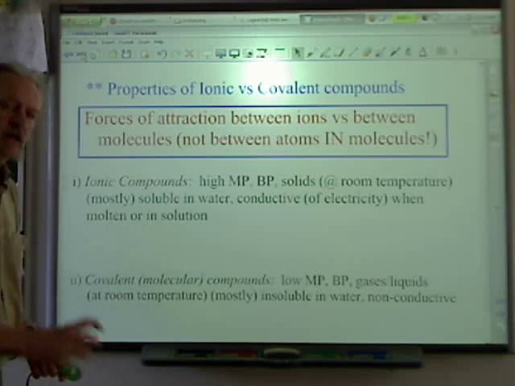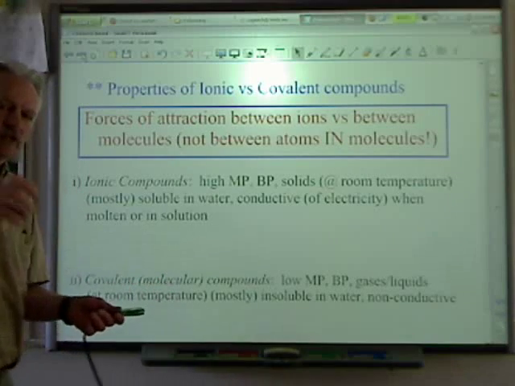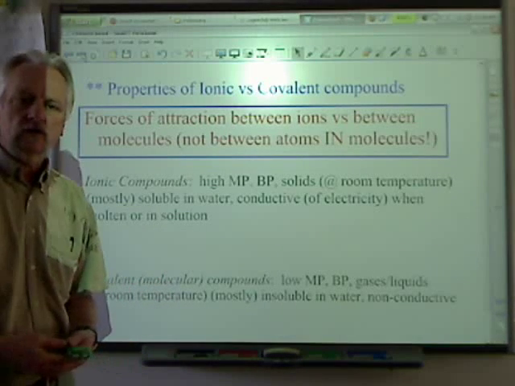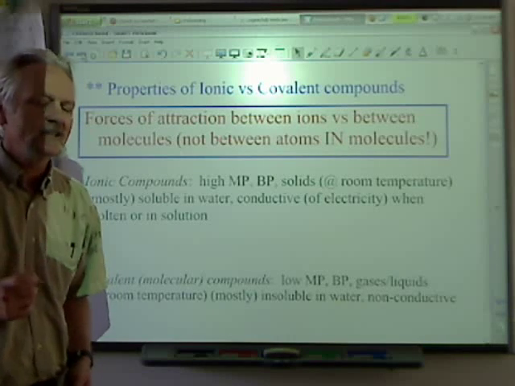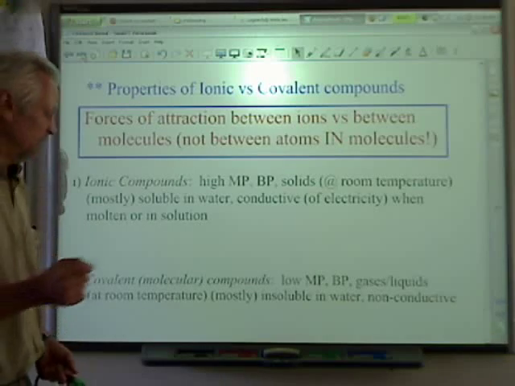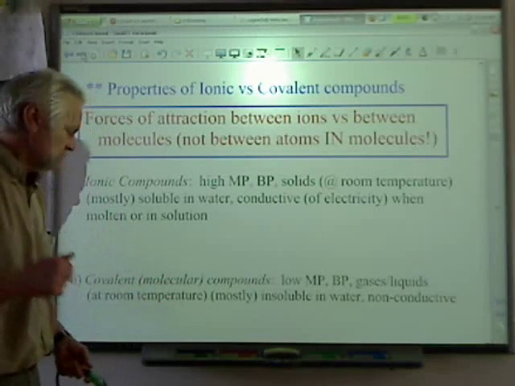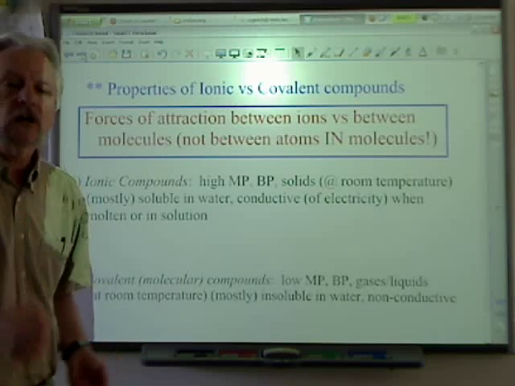In covalent compounds, the forces holding the molecules to each other are relatively weak. Do not confuse this with the covalent bond itself, which is holding the molecule together. I'm talking about what we call the intermolecular forces holding the molecules together to each other.